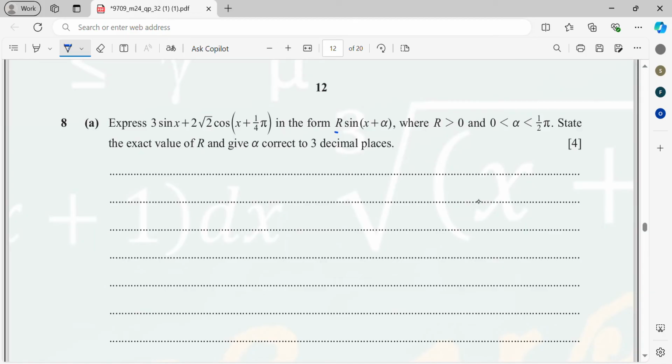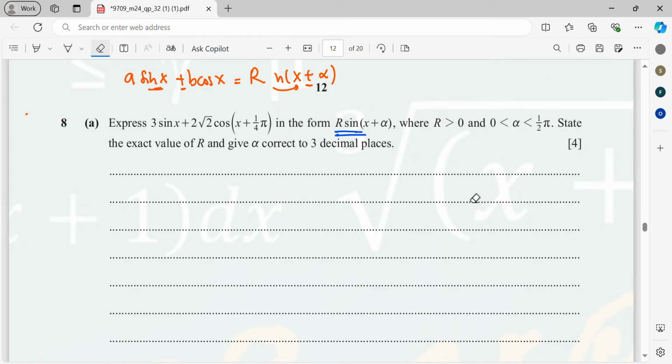So when you need to get r sin of x plus alpha, basically the general form is a sin x plus b cos x equals r sin of x plus alpha.